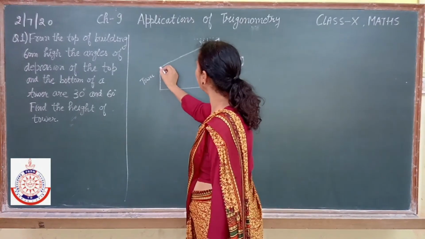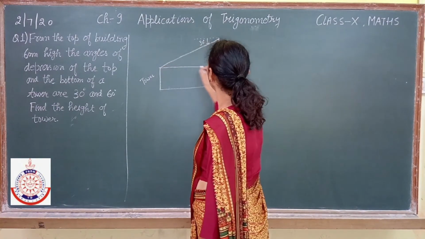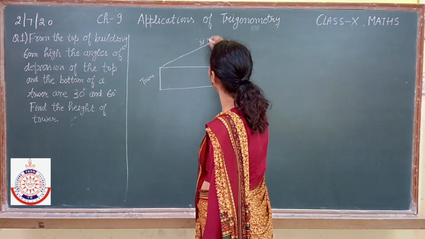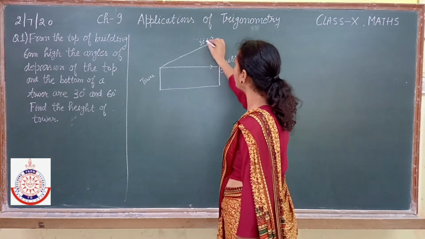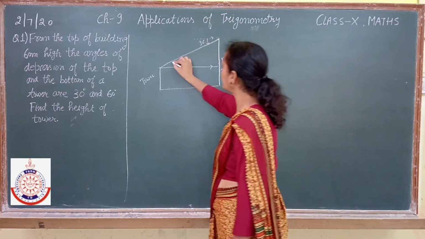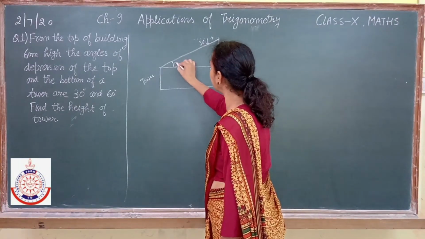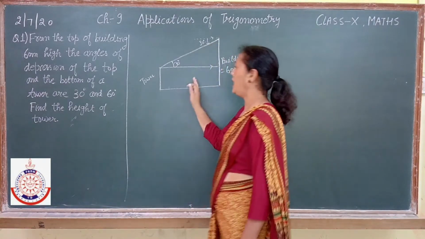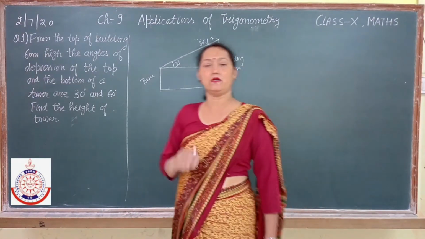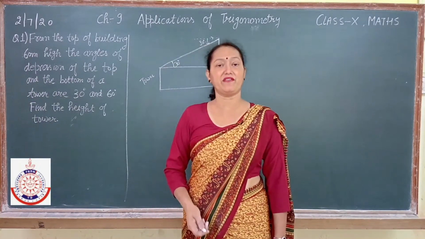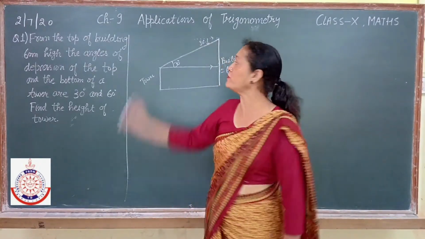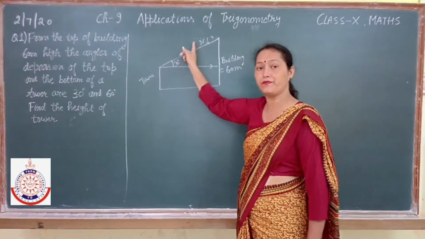Side by side, this line and this line are parallel lines, so whatever angle is formed here, the same angle would be formed here, that is 30 degrees. Ultimately, there won't be any problem with the question. It will be solved as we solved the questions of elevation. The only thing is we have to show the angle of depression here.